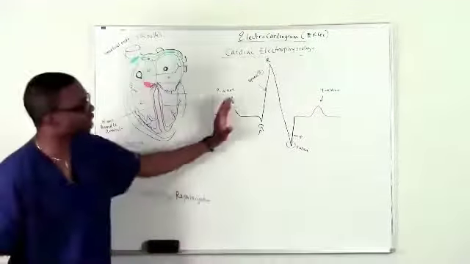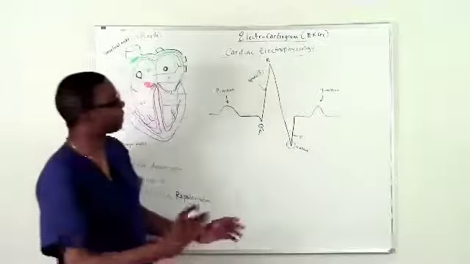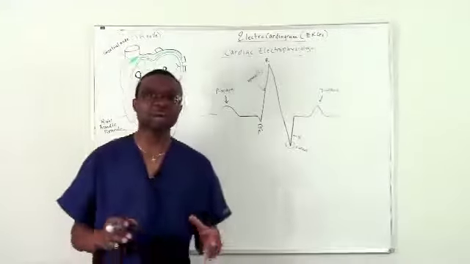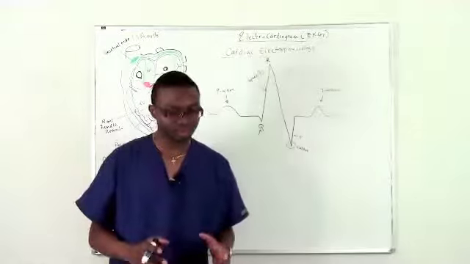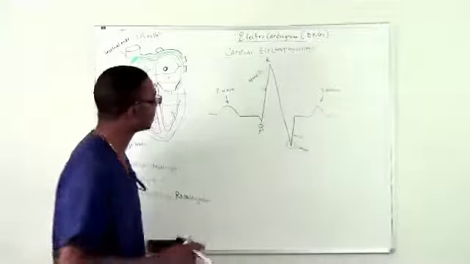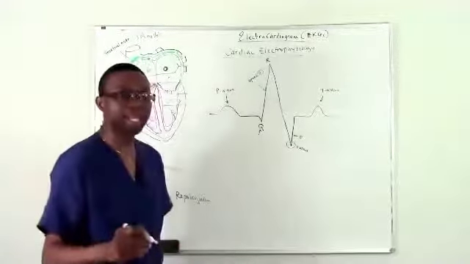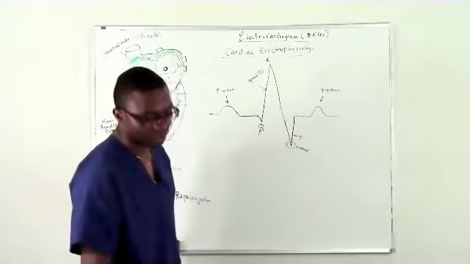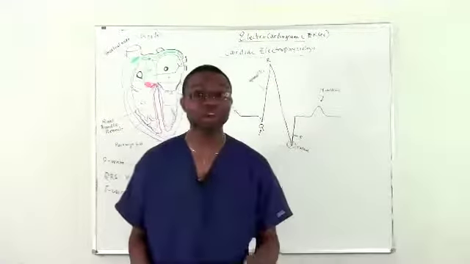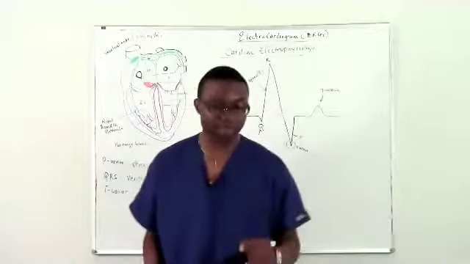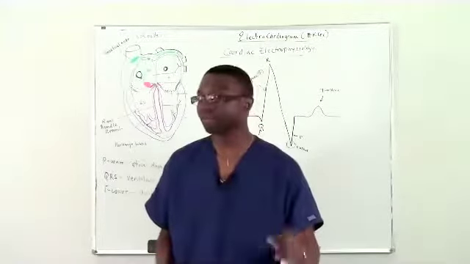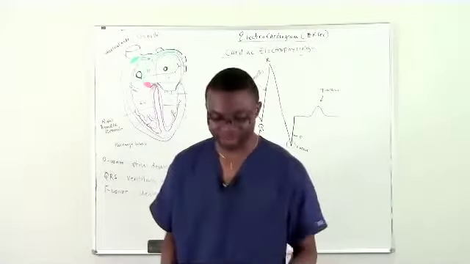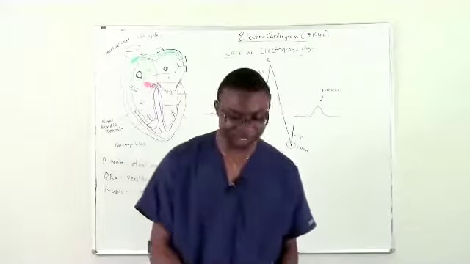So we've talked about all the different little waves, right? Now let's talk about intervals. The first interval that you're going to see on an EKG is the PR interval. The PR interval is the interval from the beginning of the P wave to the beginning of the Q wave.